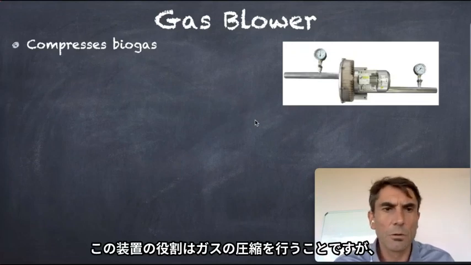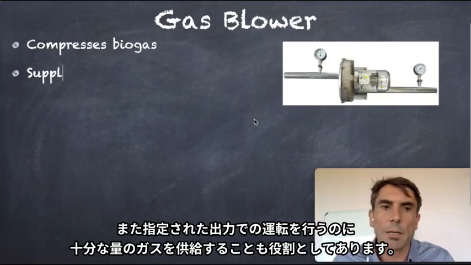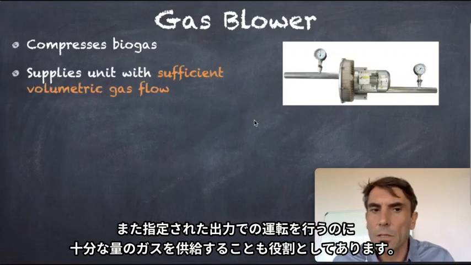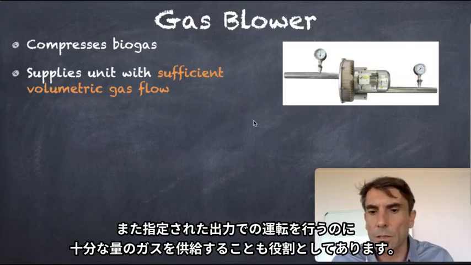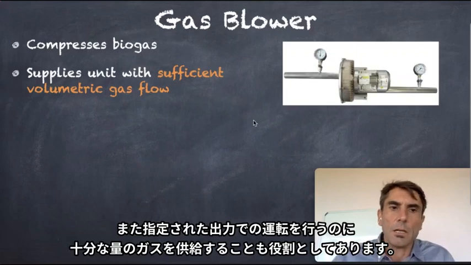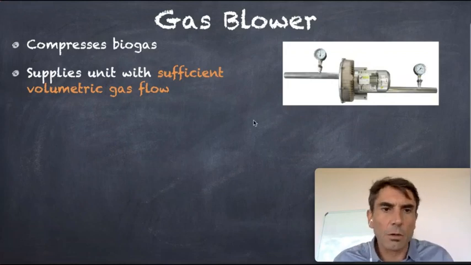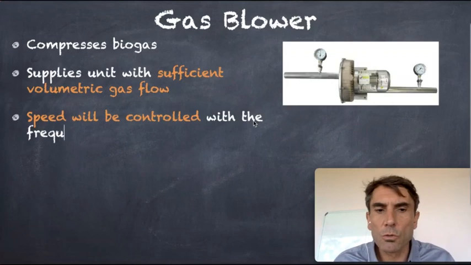The gas blower's first function is to compress or supply the gas, so that we get enough gas supplied to the CHP, what is needed to operate on the target load. So we need a sufficient volume of gas supplied to run on the target load.